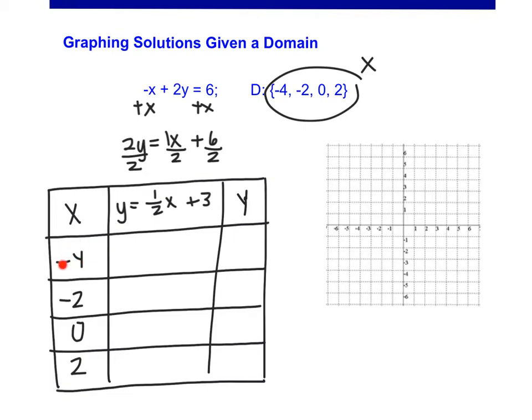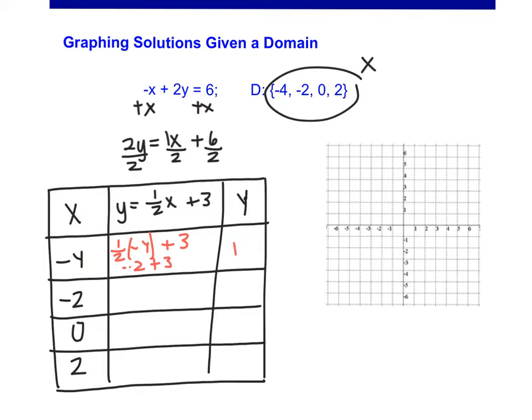So if your x value is a -4, that means that we're going to take 1/2 times -4 plus 3. Now 1/2 times -4 is the same thing as saying what's half of -4, so that's a -2 plus 3. -2 plus 3 is a positive 1. So our input was -4 and our output was 1.